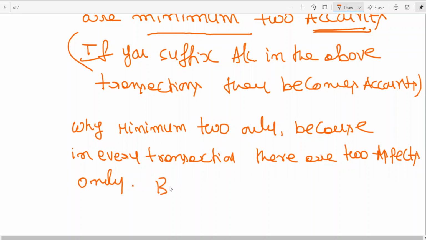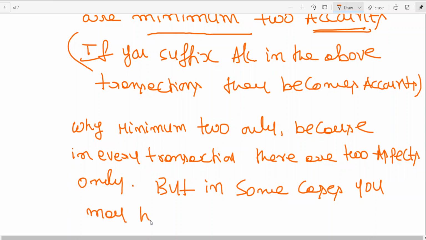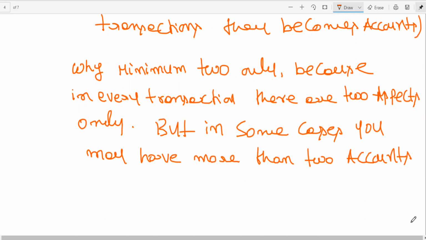But in some cases, you may have more than two accounts, but aspects are two only.